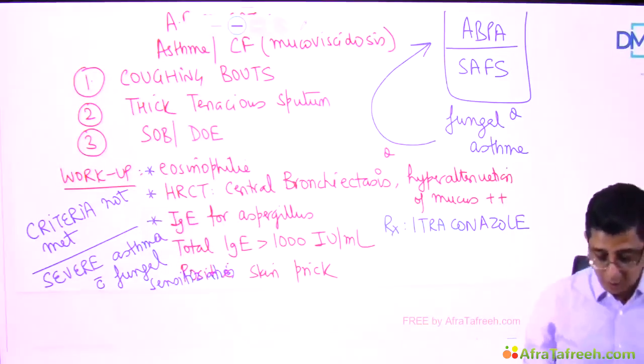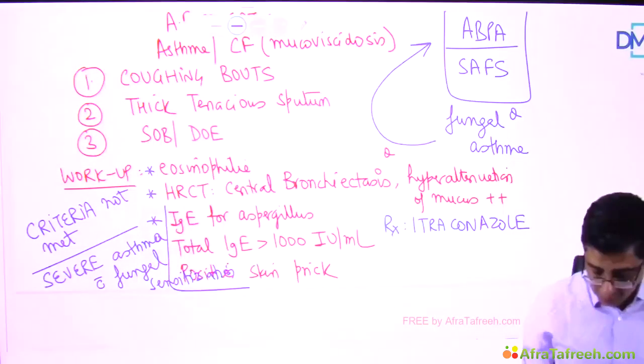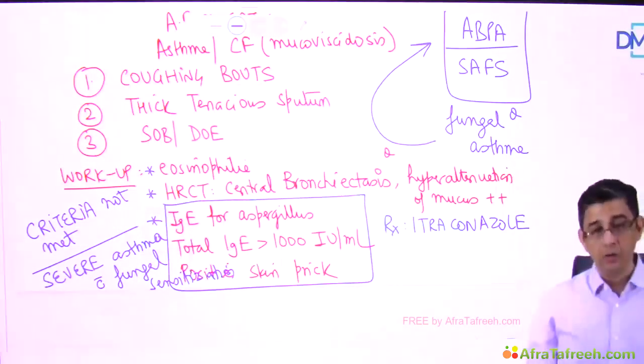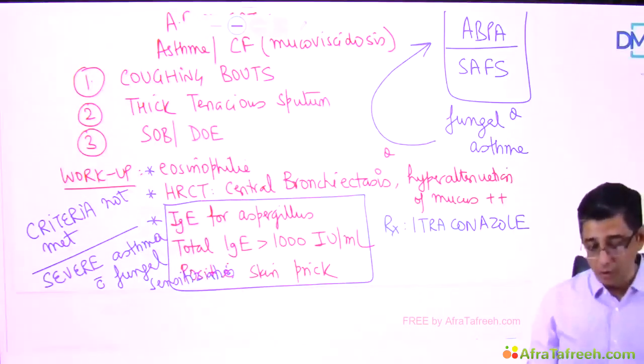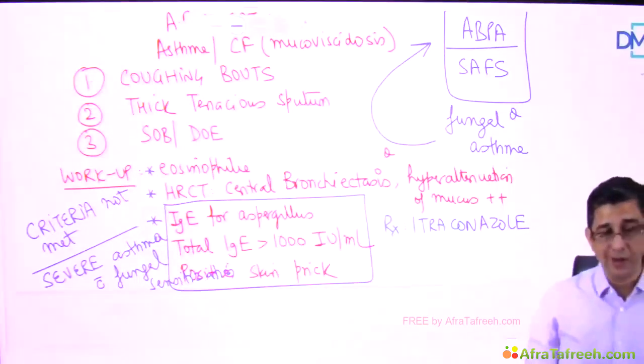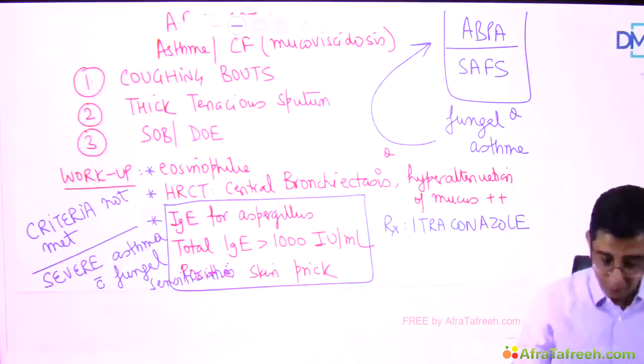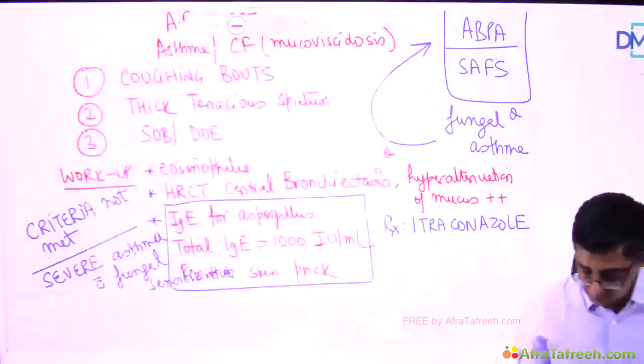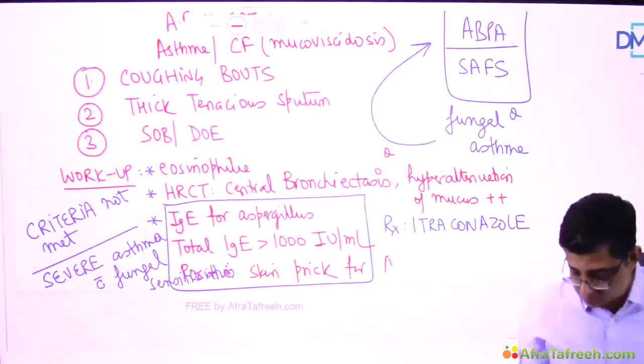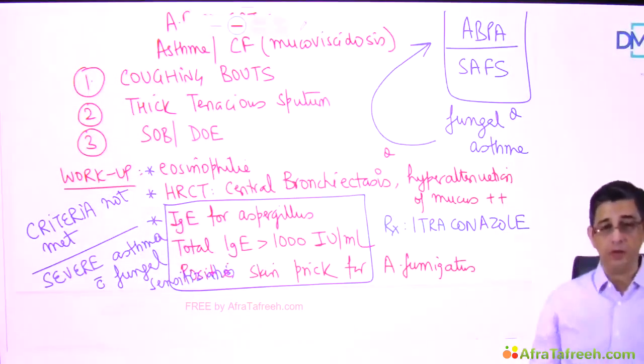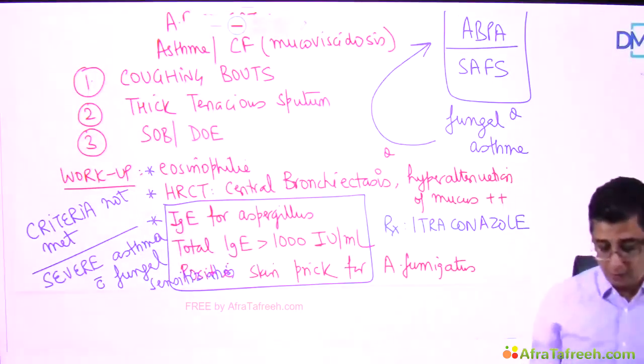These must be written in the question, or must be demonstrated in the patient, for you to say ABPA. Total immunoglobulin E needs to be more than 1000, and a positive skin prick test for aspergillus, which has been specially developed for aspergillus fumigatus, is the main reason why we are discussing this topic. These features must always be demonstrated in the patient.